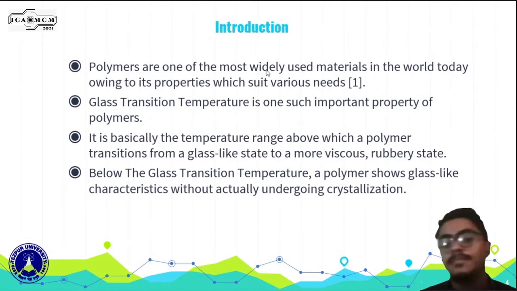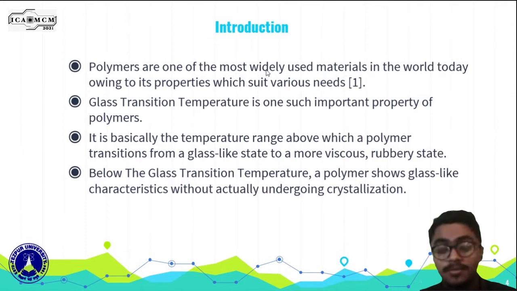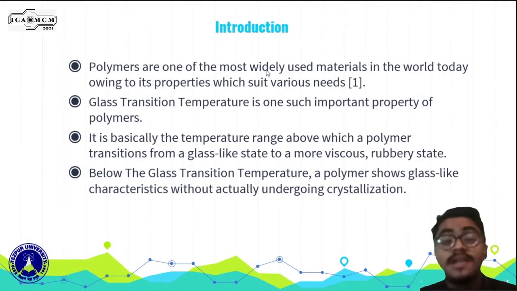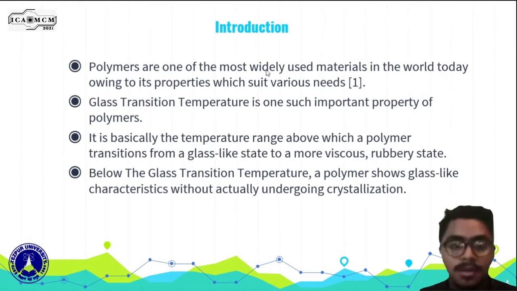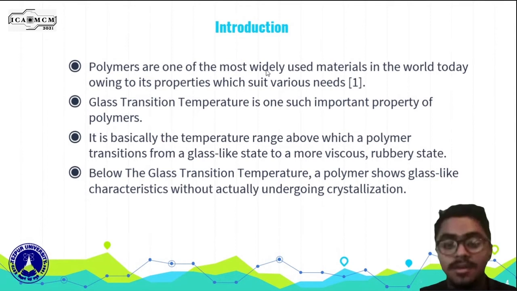It is basically the temperature range above which a polymer transitions to a more viscous state from its glass-like state. Below this transition temperature, a polymer is prone to show glass-like characteristics without actually being in the crystallized form.